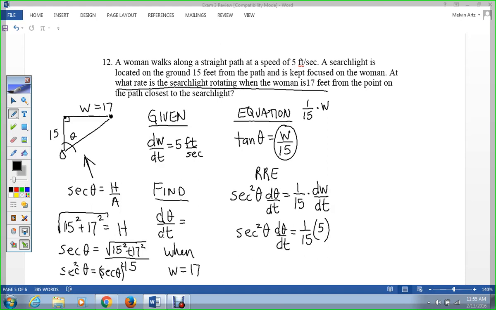So we're going to plug in our square root of 15 squared plus 17 squared, all divided by 15, and that quantity then would be squared. And on the right side of the equation, we have 5 divided by 15, which would reduce to 1 over 3. So now you have all the information to solve for d theta dt.